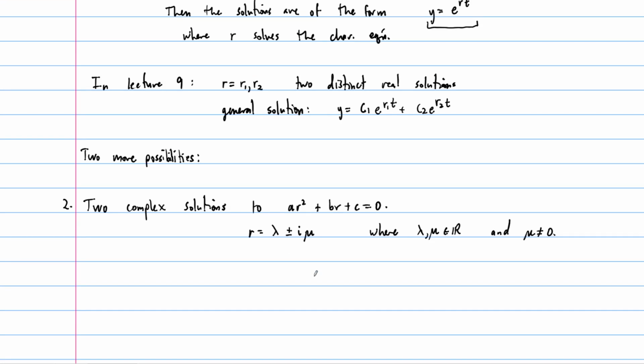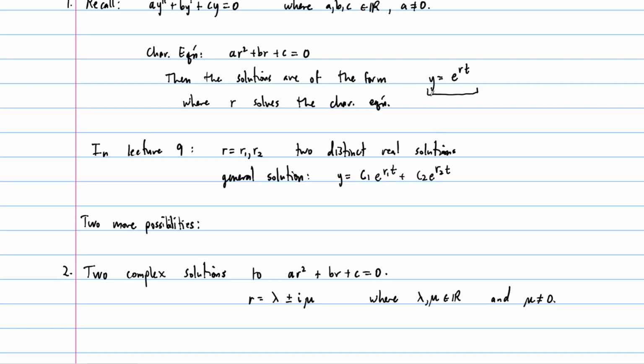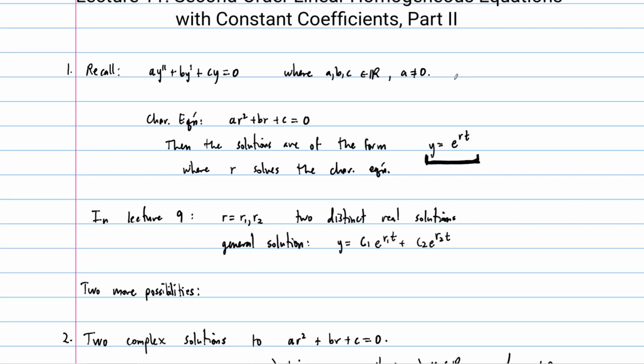And the question becomes, how do these roots of the characteristic equation translate into solutions of the differential equation? Remember what we derived in lecture 9, a couple lectures ago: the formula e to the rt. That's still going to be true here, because this characteristic equation came from plugging e to the rt into our differential equation and then solving for the values of r that make this a solution.